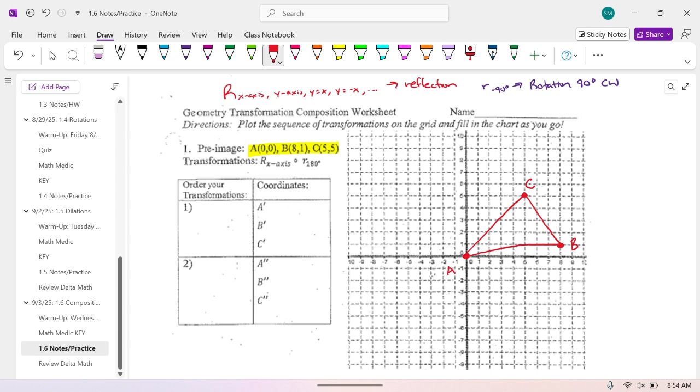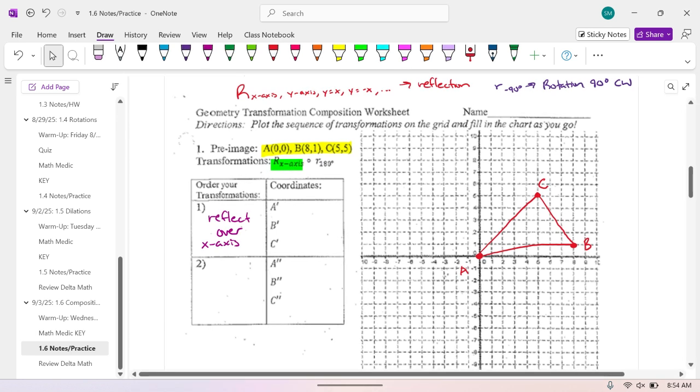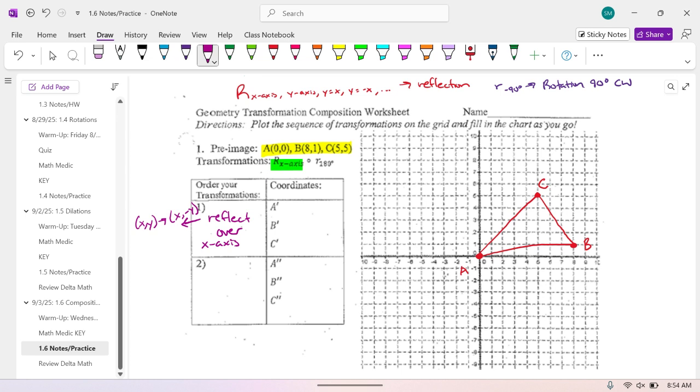All right, now, based off of the order that we're given, our first transformation will be a what? What part of x-axis? What are we doing? So we're reflecting over the x-axis. And just so you can remember the rule, that means if we start with xy, we end up with x negative y.